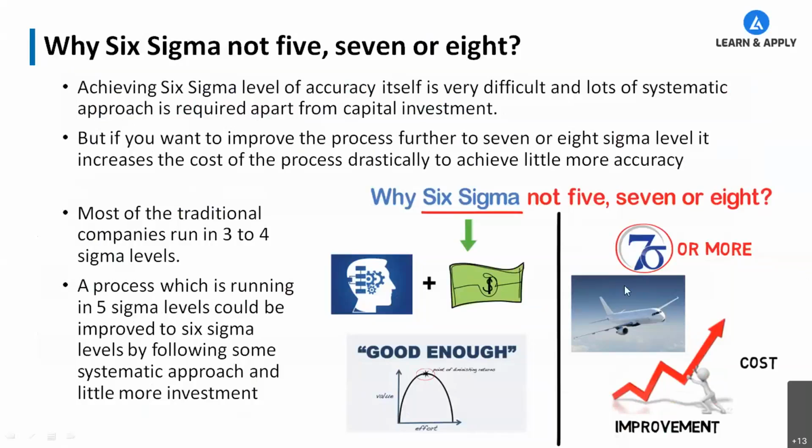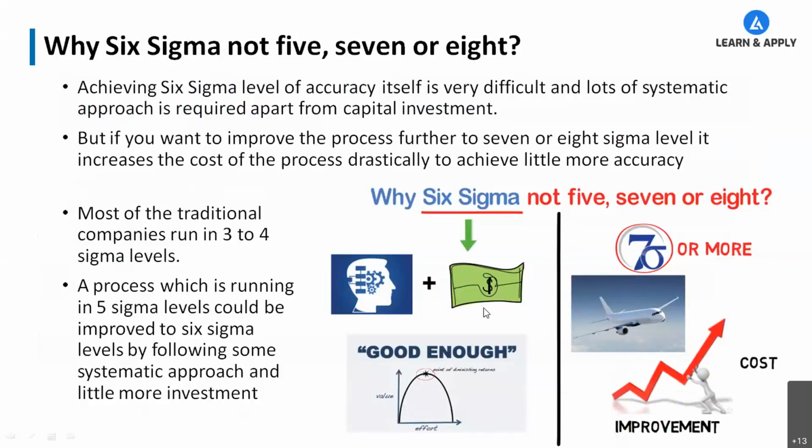Due to that, they have to operate beyond the level of 7 Sigma, beyond 8 Sigma, because there is an associated risk of safety, an associated risk to the lives of people, and for that purpose they have to go for a higher level.